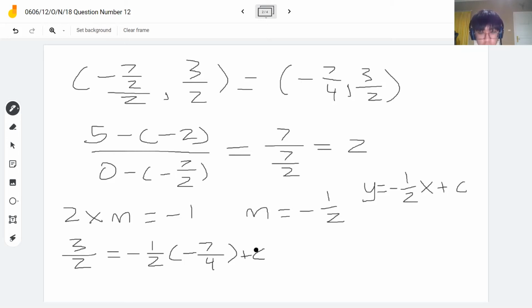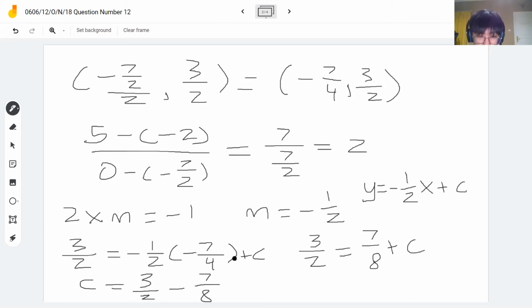Let me use my calculator a bit. And this should equal 3 over 2 equals 7 over 8 plus c. You can easily find the c using this method. You can move the 7 over 8 to the other side, and therefore c equals 3 over 2 minus 7 over 8. Let's use the calculator again.